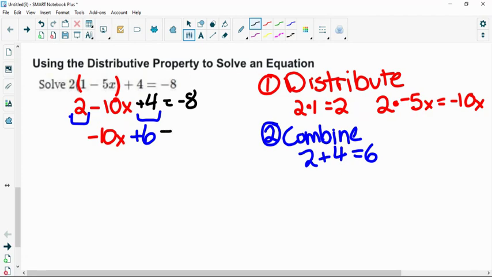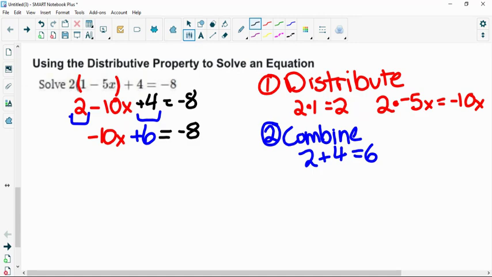And then that all equals negative 8. We've almost solved the equation. We do need to still get x isolated, but we have simplified the equation and can proceed to our solving steps.